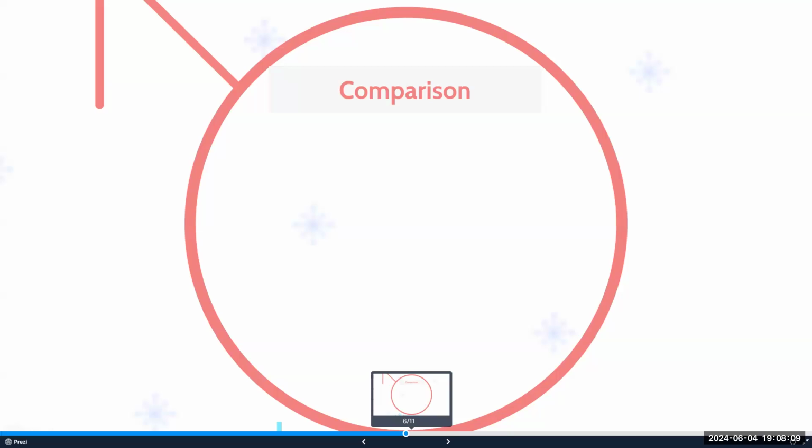The example that I have here is: the fabric was as diaphanous as a spider's web, allowing light to pass through it easily. I'll write that down for you guys here.